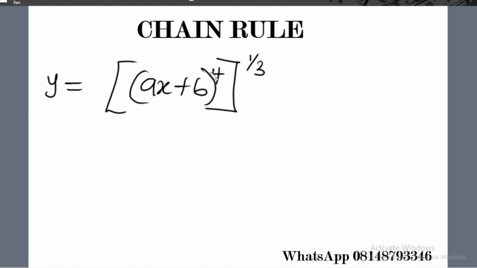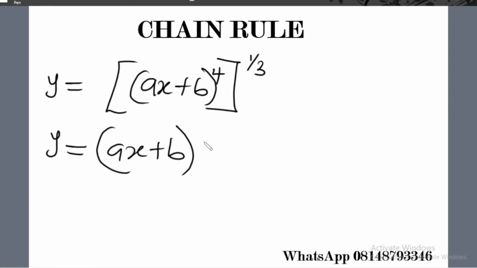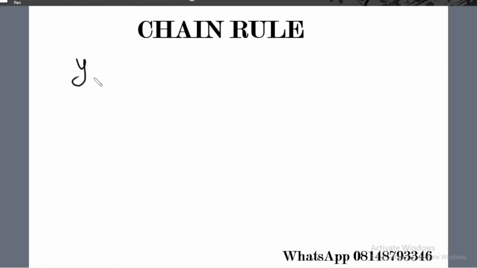Now, let's apply the concept of indices. According to indices, when you have something like this, you multiply through. The powers multiply each other. So y equals (ax plus b) raised to 4 multiplied by 1 over 3, which is 4 over 3. Now, since y equals (ax plus b) raised to power 4 over 3, let's start the differentiation process.